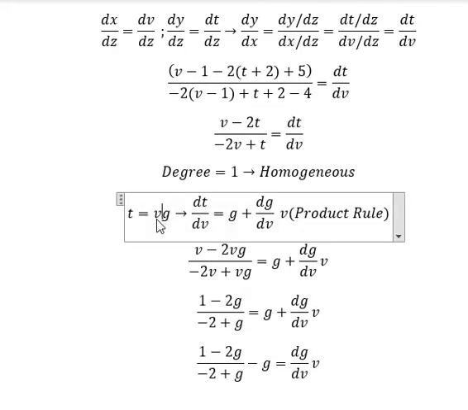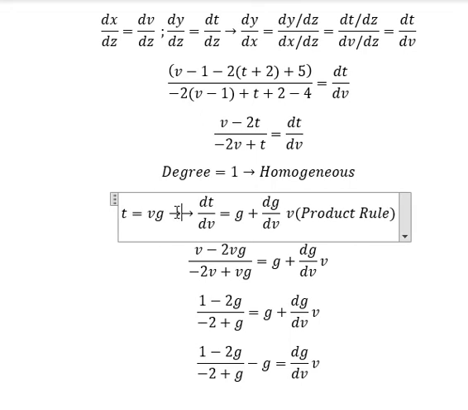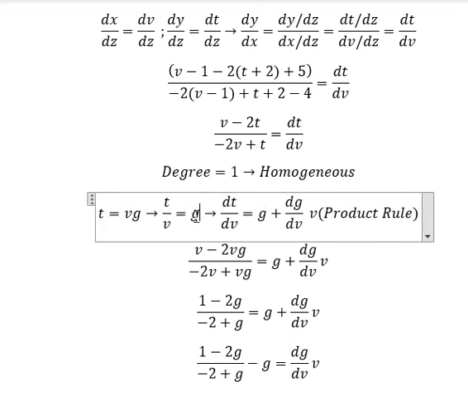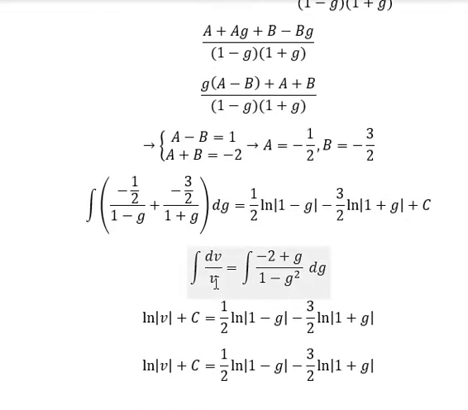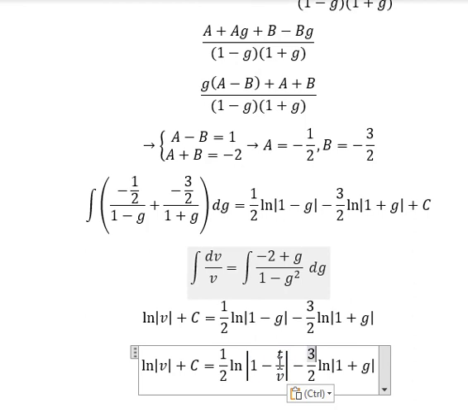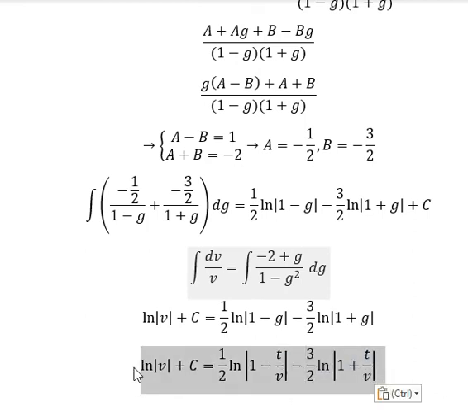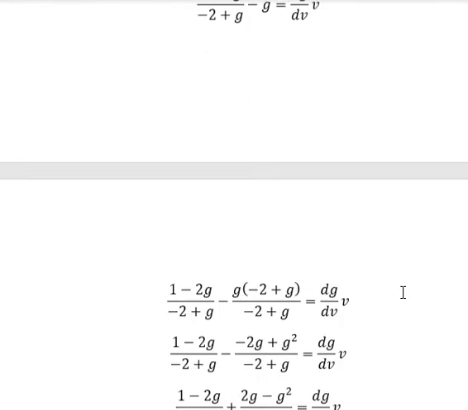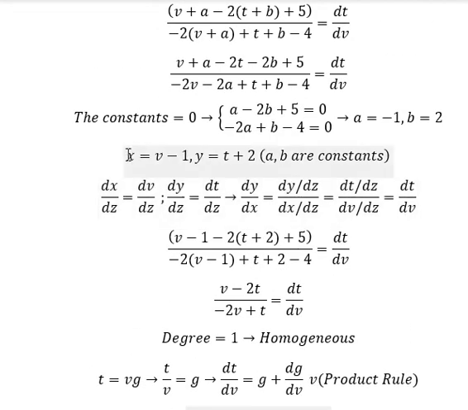So we divide both sides by v. And now we need to change z into this one. So about t and v, that is about this one.